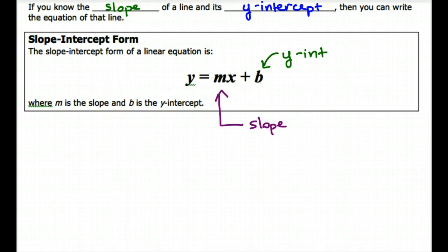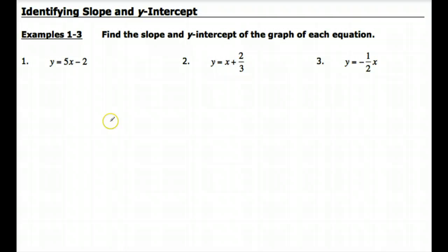So now we're going to look at a few examples of equations in slope-intercept form, and we're just going to practice identifying what the slope is and what the y-intercept is on each of these lines. So number one, we have y equals 5x minus 2. And so if I were going to graph this line here, which we'll learn how to do later on in the unit, I want to know what would the slope of the line be and where would the line cross the y-axis.